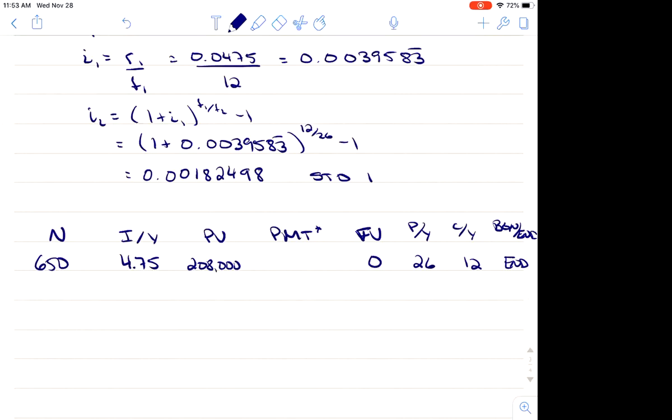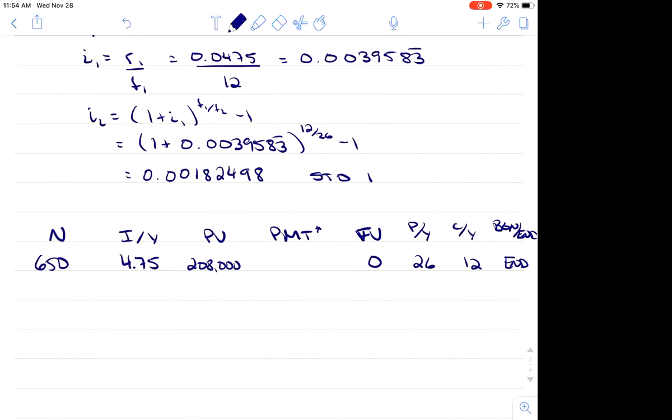I'll put in 0 for payment. Apparently you can just skip it, because of course when you compute it, it'll just overwrite whatever's in there. 0 for the future value, and then payments per year. I have 26, enter. Compoundings per year, have 12, enter.